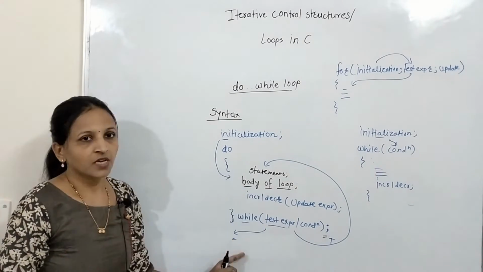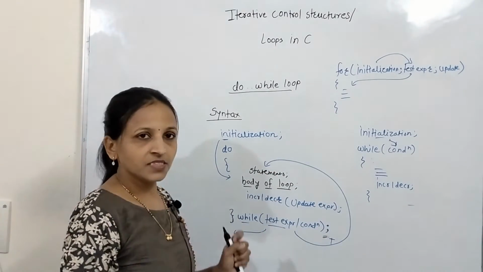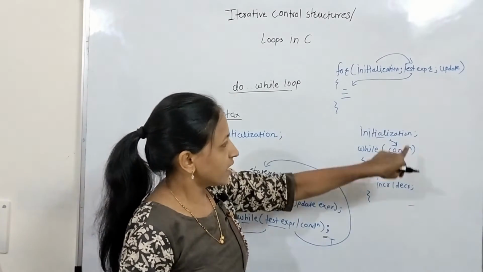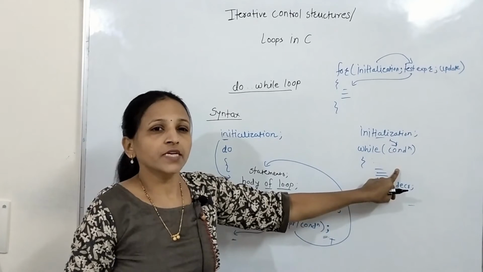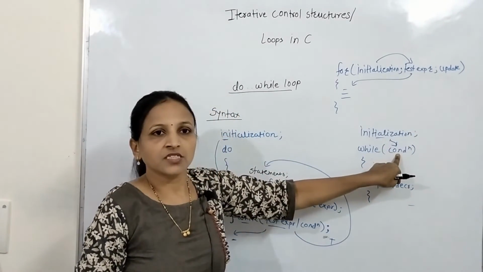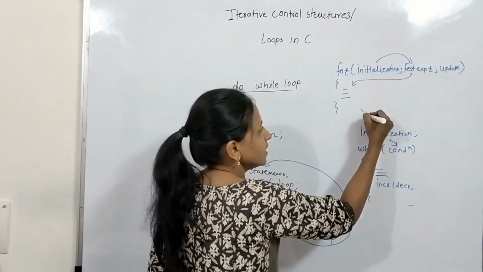In this way, by looking at all these three types, we can say that this for loop and while loop are called pre-tested loops. Here the condition is checked first. That's why these two types of loops are called pre-tested.